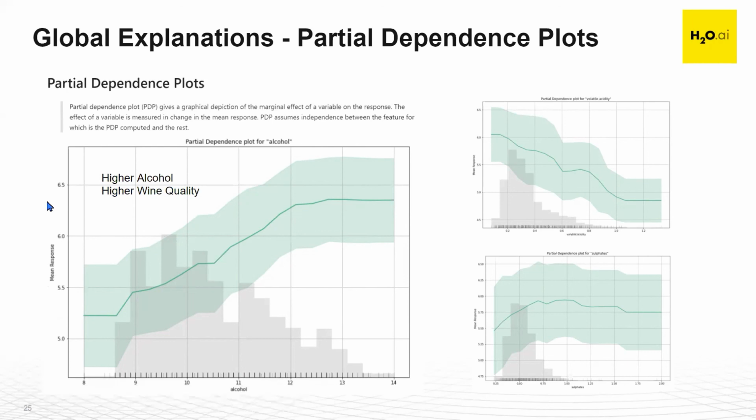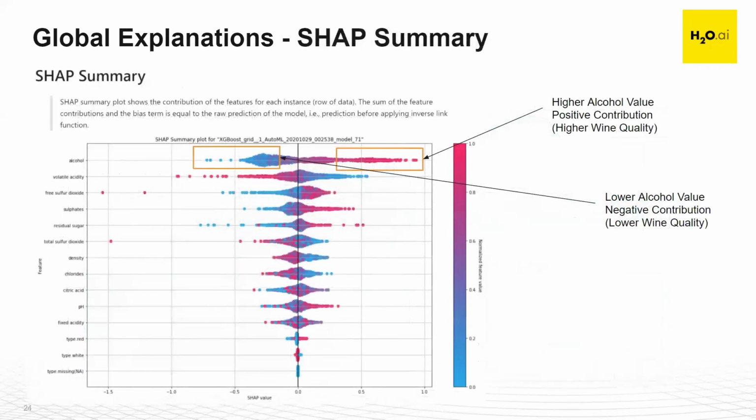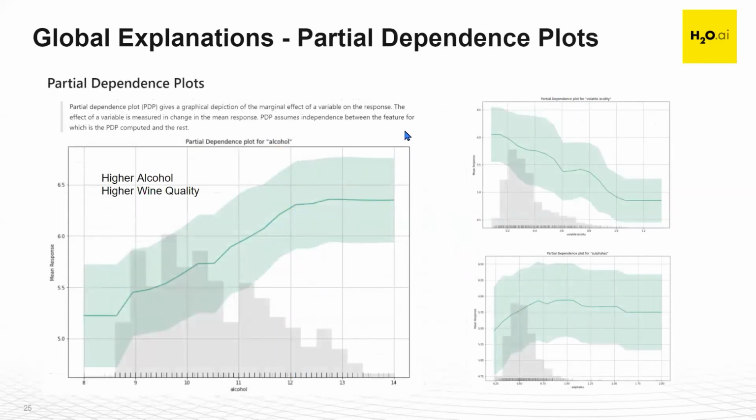So this actually reinforces the message from before. We saw from the previous graph that when you have a higher alcohol value, it could mean higher wine quality. And on the other hand, when you have a lower alcohol value, you have a lower wine quality. So this plot gives you about the same story.